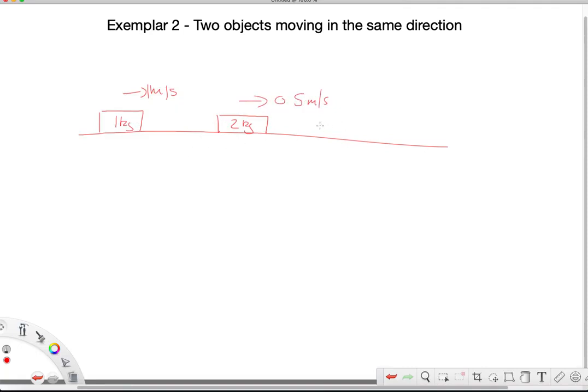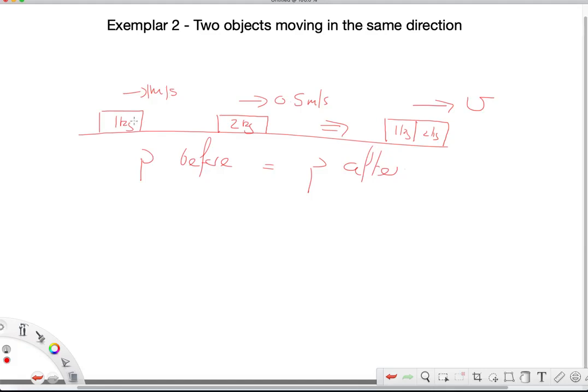And then let's say together afterwards we've got our 1 kilogram and our 2 kilograms stuck together, and we end up with some velocity again. So momentum before, if I use P to save me writing out momentum, equals momentum afterwards.